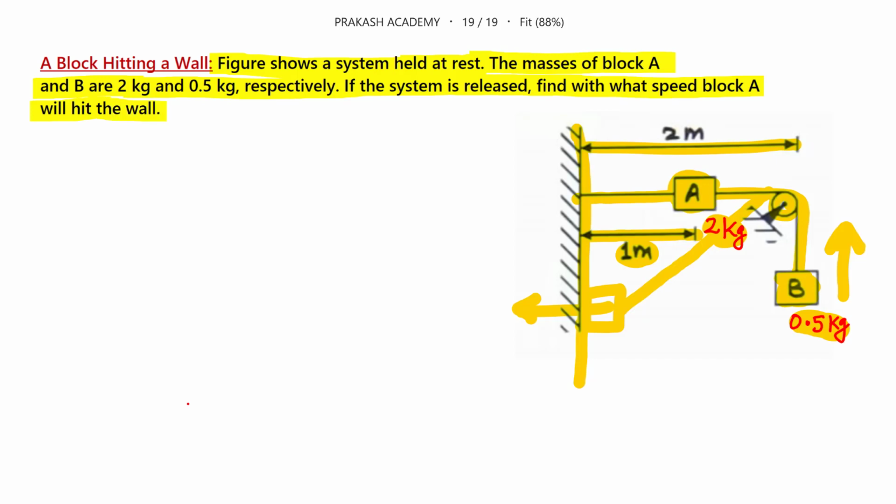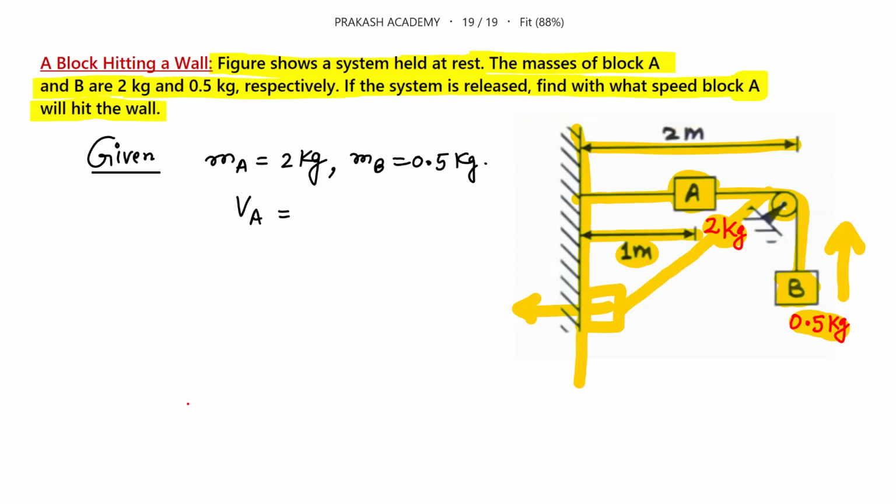So you have to find the velocity of block A. What is given? Mass of A is 2 kg, mass of B is 0.5 kg, and distances are also given. You have to find the velocity of block A and velocity of block B.